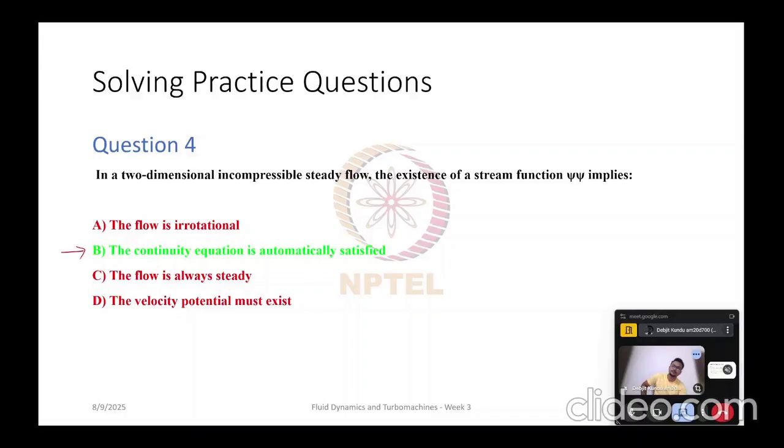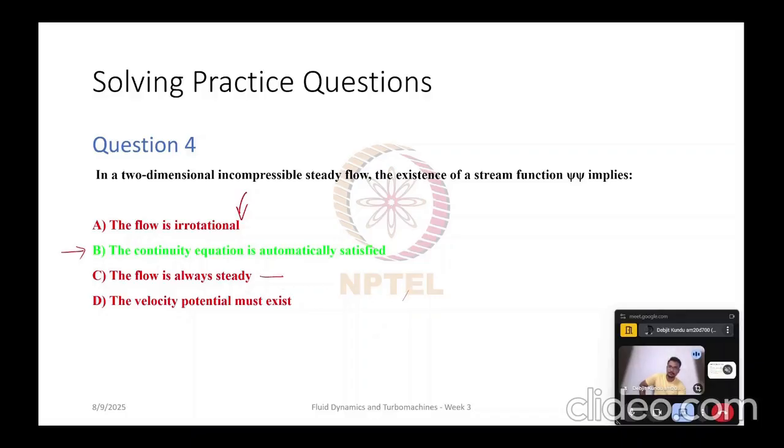Option A, that the flow is irrotational, doesn't have to be true. Rotational flows can have a stream function psi.